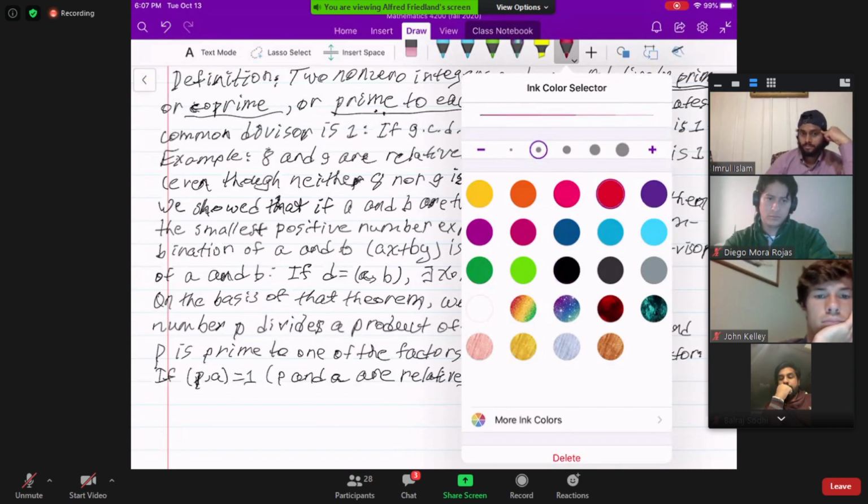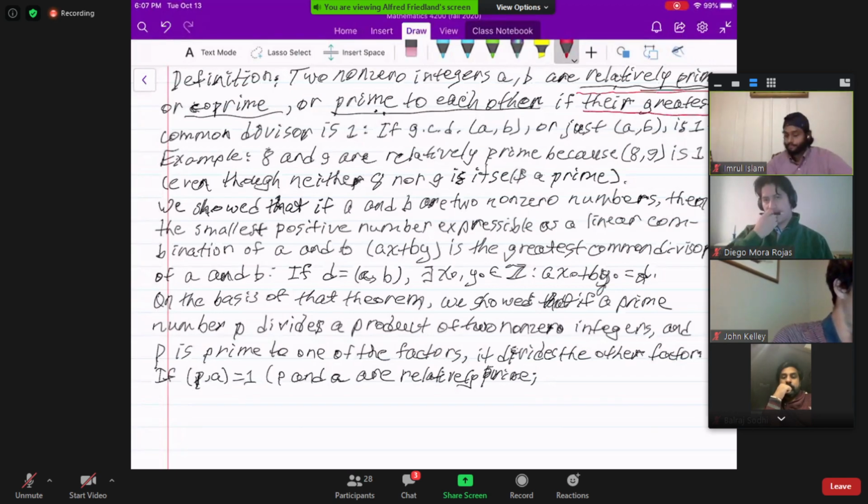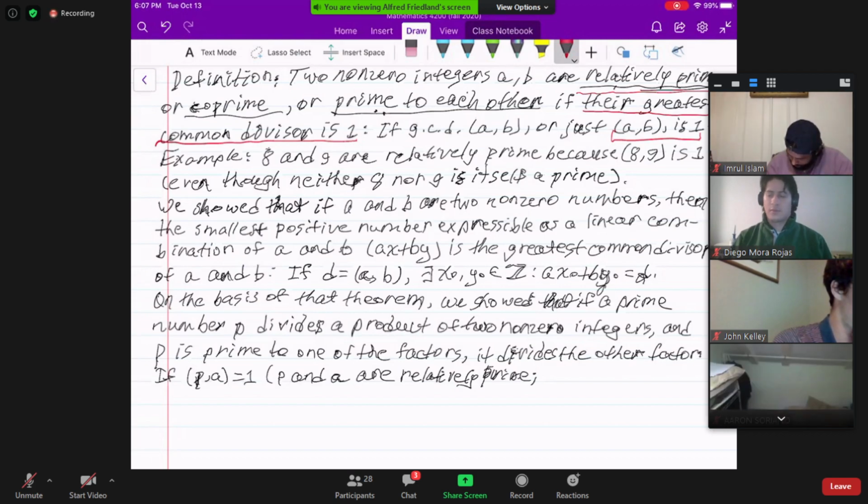I want to be fancy and use the color. So relatively prime means the greatest common divisor is 1. And so A and B are relatively prime if their greatest common divisor, written as just the ordered pair of integers A comma B, is 1.